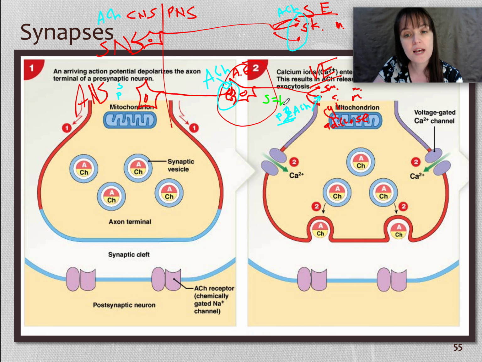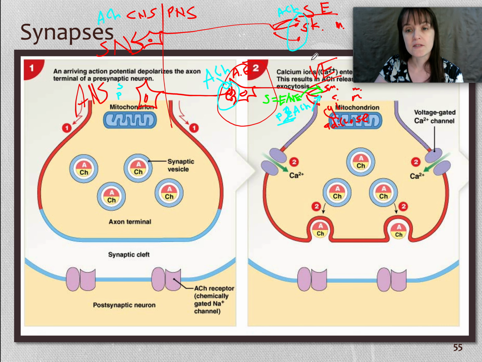Sympathetic uses epinephrine or norepinephrine. Epinephrine is adrenaline, and norepinephrine is noradrenaline. Epinephrine is abbreviated capital E. Norepinephrine is abbreviated capital N, capital E. So east by northeast is epinephrine and norepinephrine.